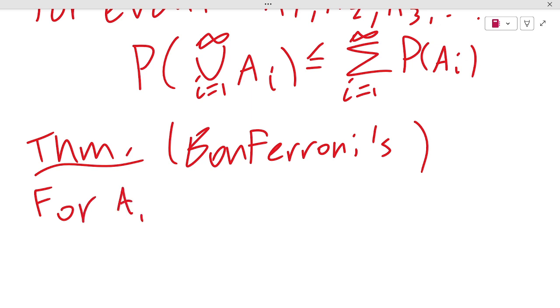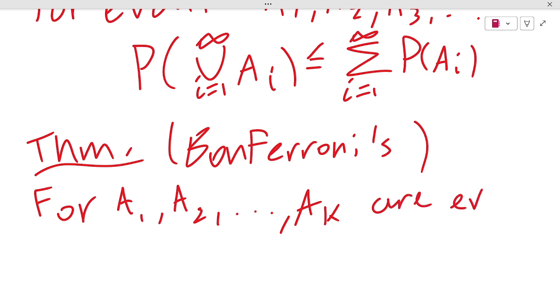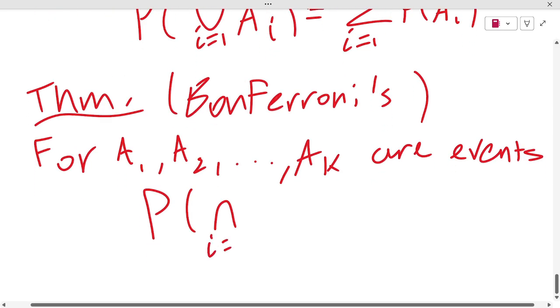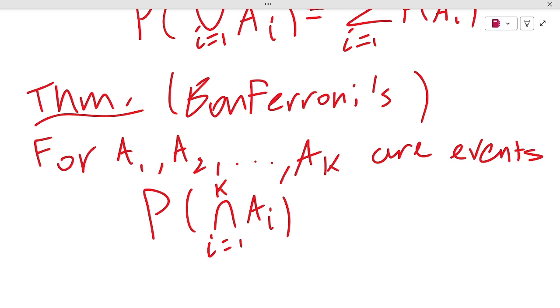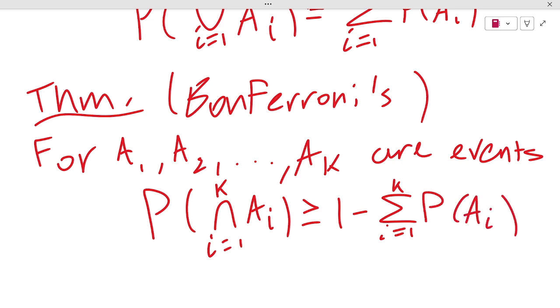So for A1, A2, and then we have to stop at some AK, if these are events, that's important, then we know that the probability of the intersection of these finite events is greater than or equal to 1 minus the sum of the probability of the events.